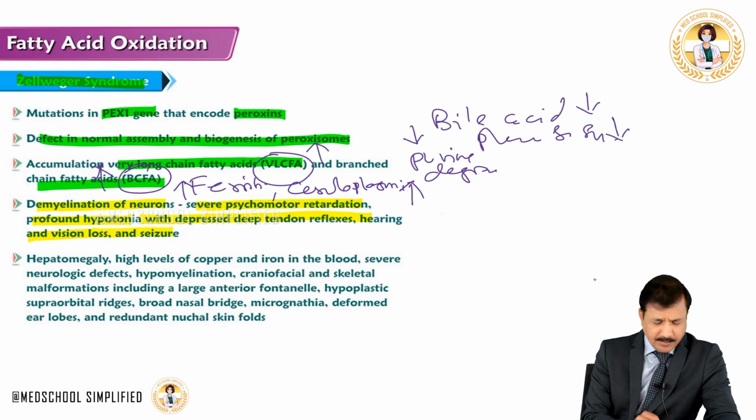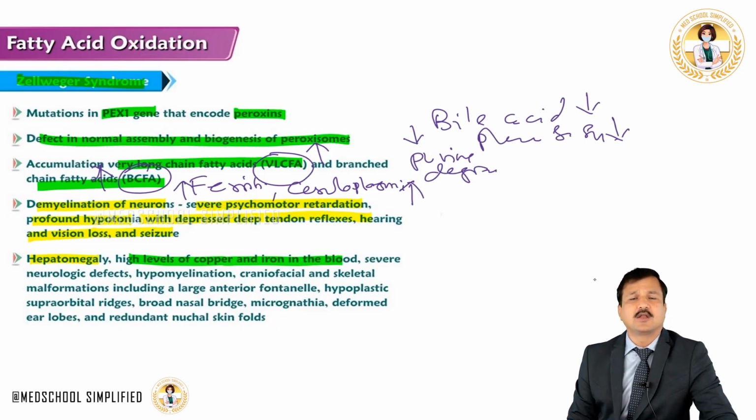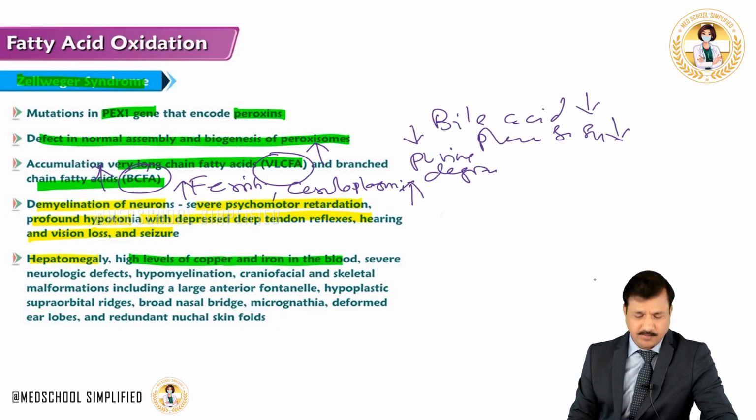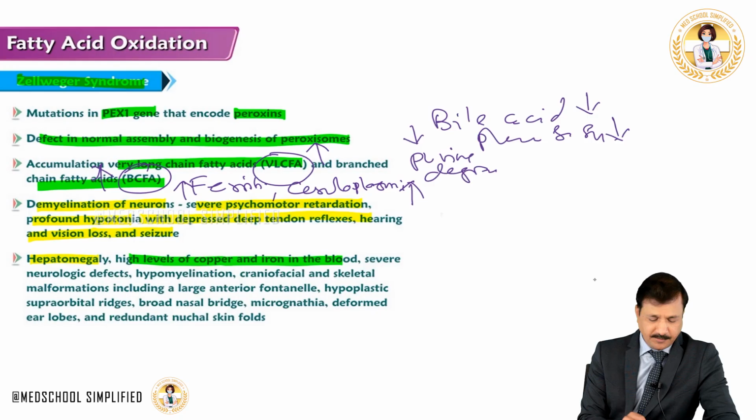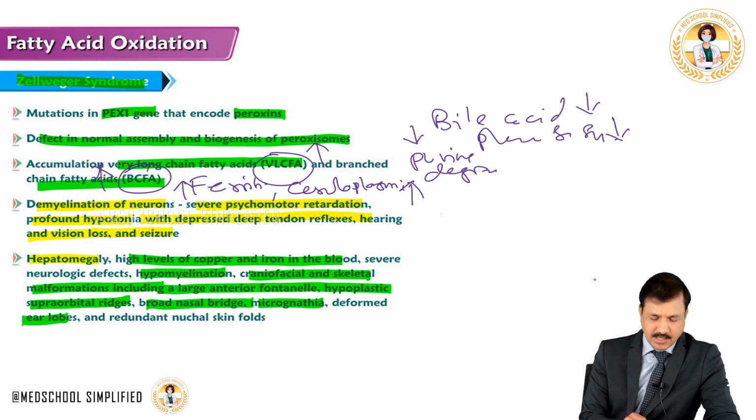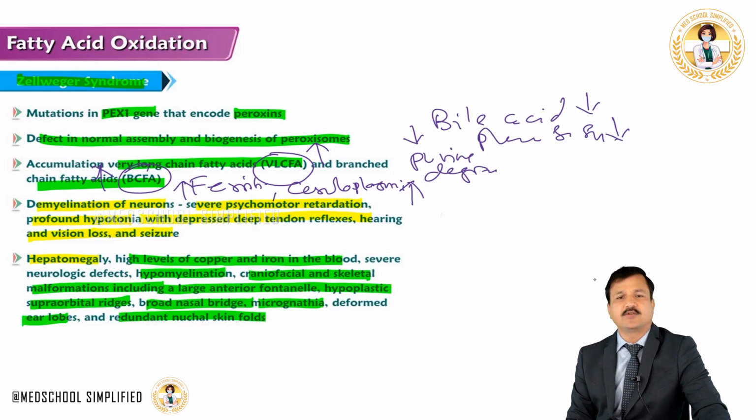Along with that, the patient will show hepatomegaly, high copper levels, high iron levels because of not degrading ferritin and ceruloplasmin, severe neurological defects, hypomyelination, craniofacial and skeletal malformation, including large anterior fontanelle, hypoplastic supraorbital ridges, broad nasal bridge, micrognathia, deformed earlobes, and redundant nuchal skin folds.